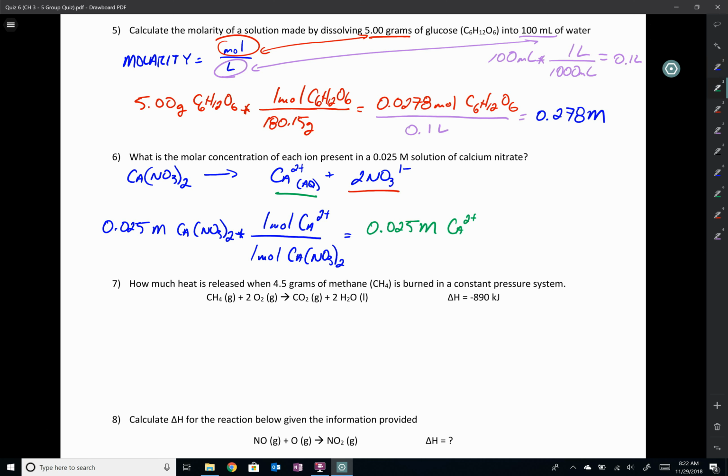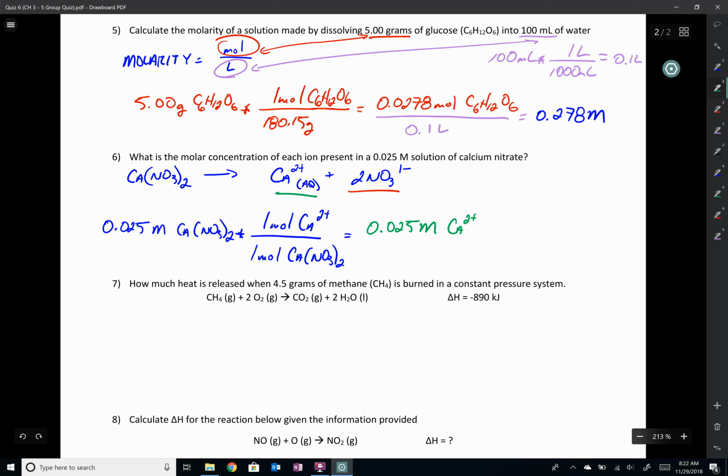Now you might be saying, well, hold on a minute, your units don't quite cancel out with each other. Well, remember what we just said in question number 5 about what molarity is. Right now I've got molarity here and moles down here. Remember, we typically want to cancel our units out, but molarity doesn't cancel with moles.